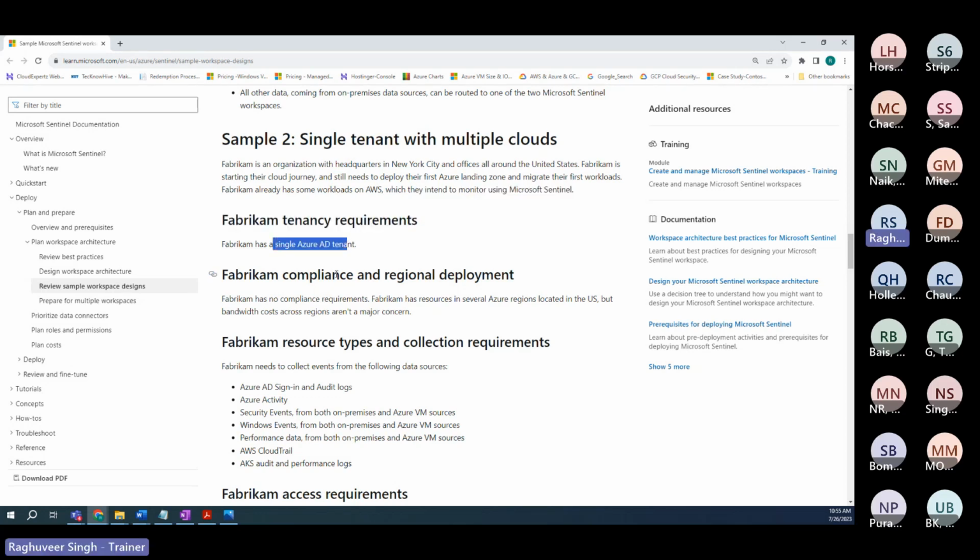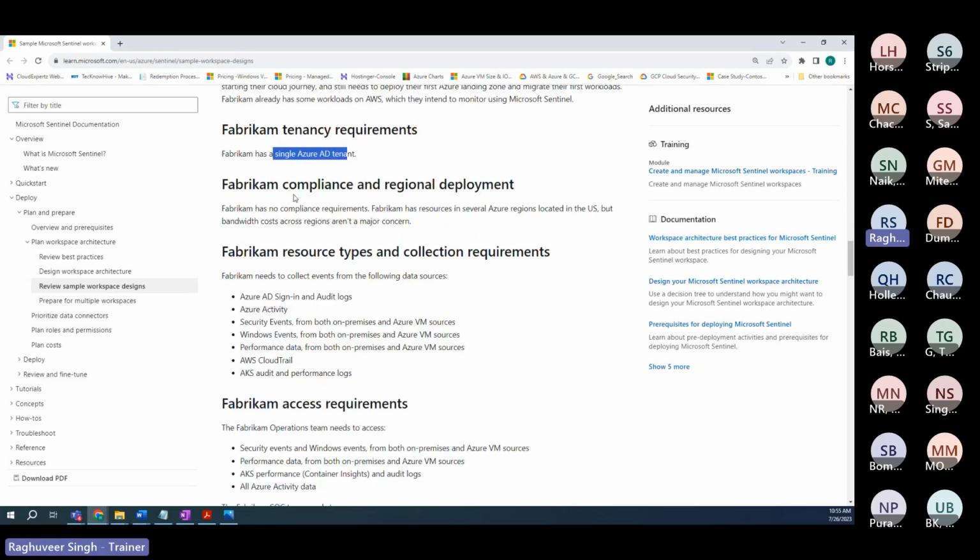So they have a single Azure AD tenant. Now, their compliance requirements: since the majority of their resources are in the US, they have no compliance requirement, and bandwidth costs across regions aren't a major concern. Why?